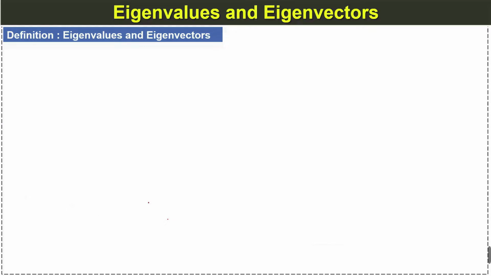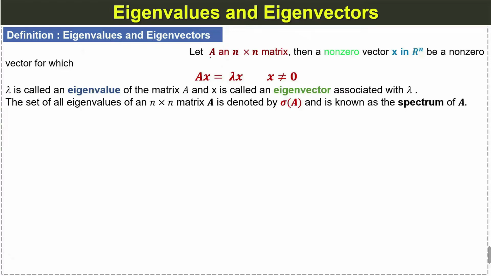Eigenvalues and eigenvectors. Okay, so we again first discuss the definition of eigenvalues and eigenvectors, and then we study them in detail. Okay, so, definition: eigenvalues and eigenvectors. Let A be an n cross n square matrix, then a non-zero vector x in R^n, meaning a real coordinate space of dimension n.